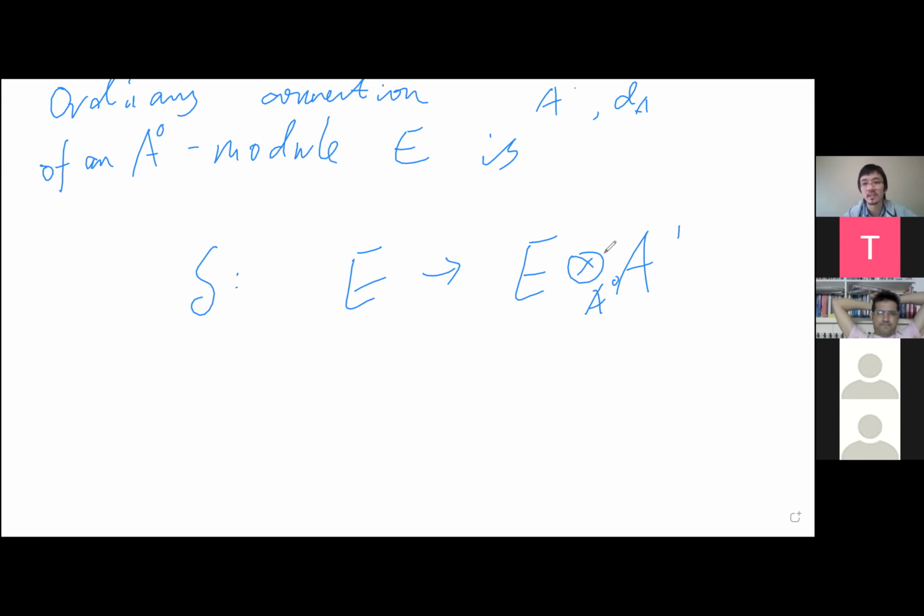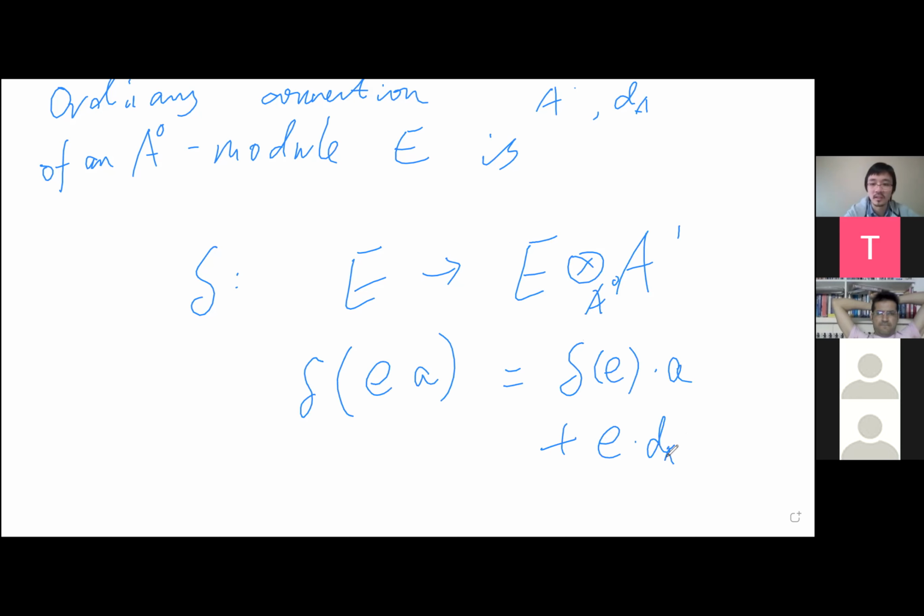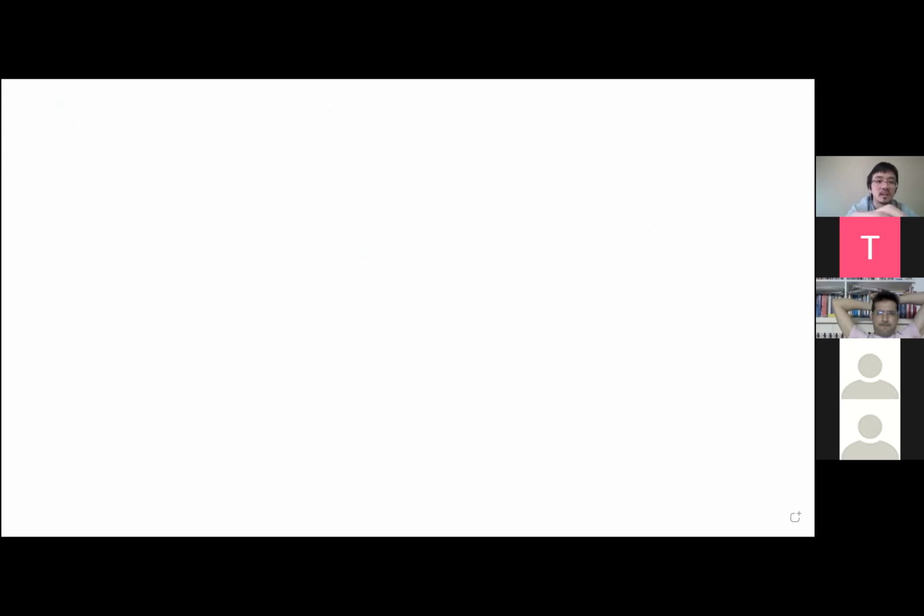That is an ordinary connection. It also satisfies the Leibniz rule. I use the right module: delta of E times A equals delta E times A plus E times dA of A. Okay, that is an ordinary connection.